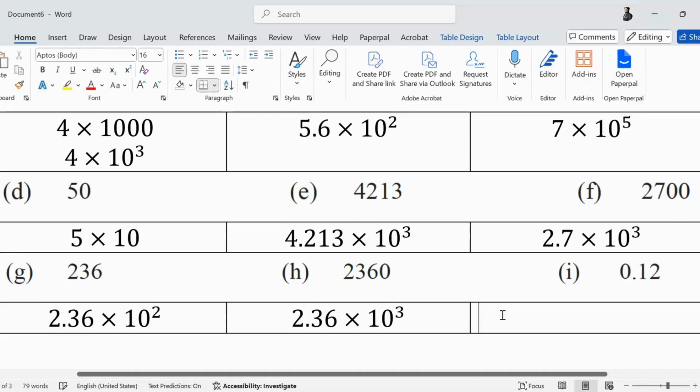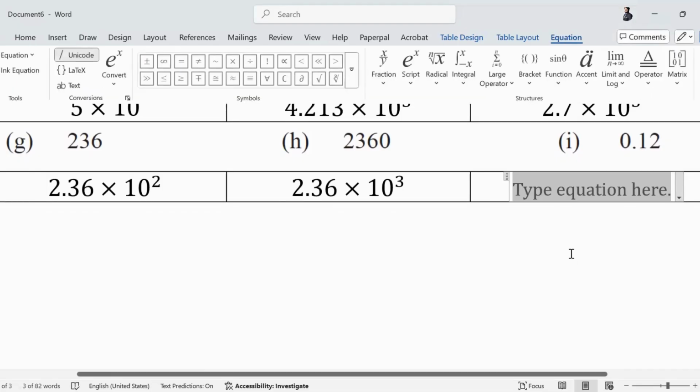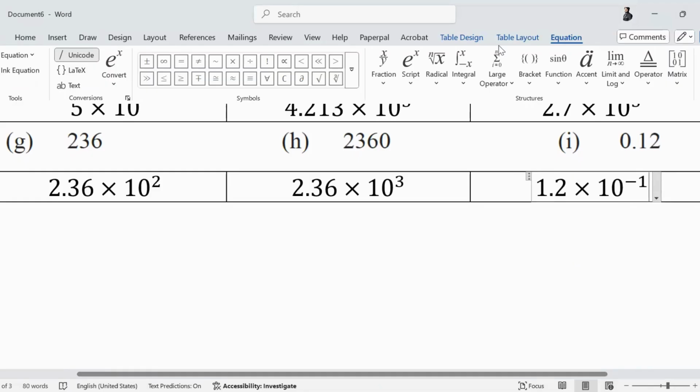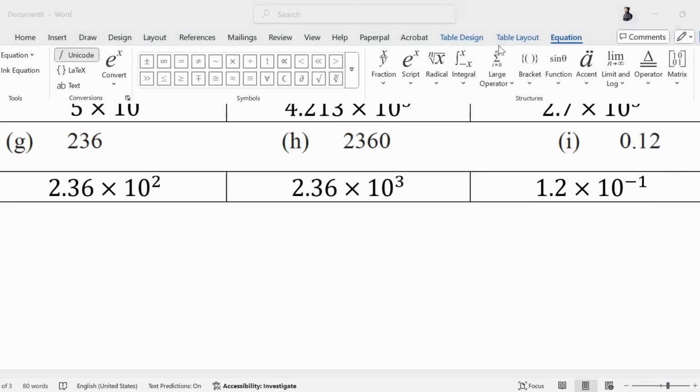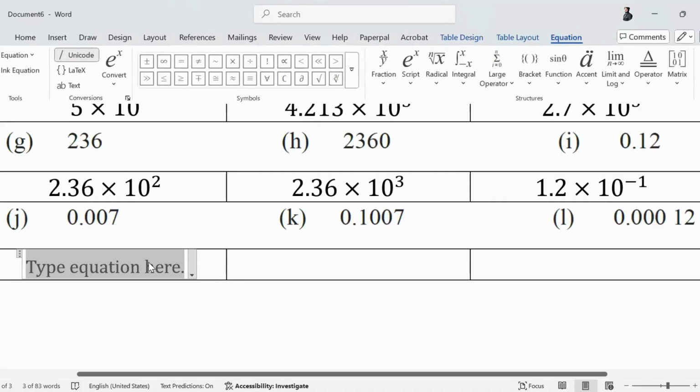Now what about this one? 0.12. What will I get? Where do I have to move the decimal, right or left? Right. So I will have to decrease the exponent. Okay, what about this one? Only exponent -3. Very good.